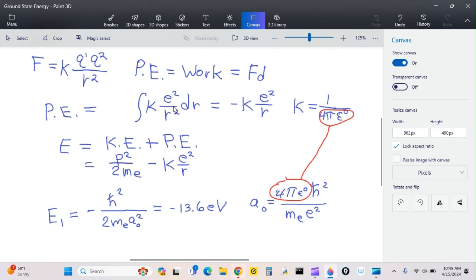Now, this constant is constant, so these two things come out. Well, how come this r squared turned into a negative r? The integration rule says that you add one to the exponent. So how come it's down here?